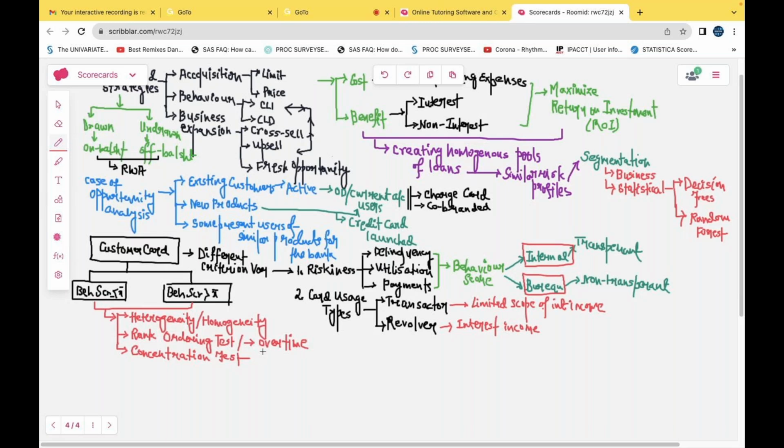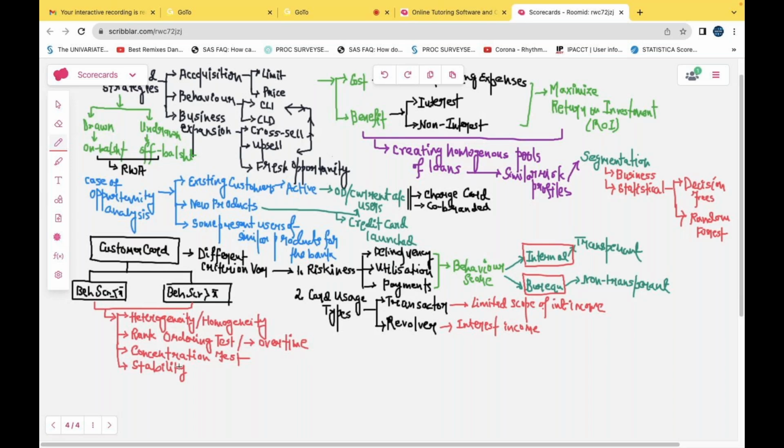And finally, what we should ideally do is the stability test, to ensure that the segment I have created at one given point of time remains stable across a given period of time, so that in terms of population concentration, there is not much of a shift.